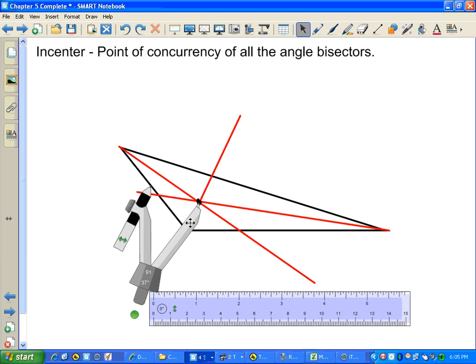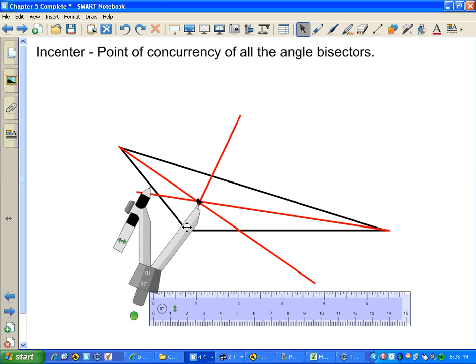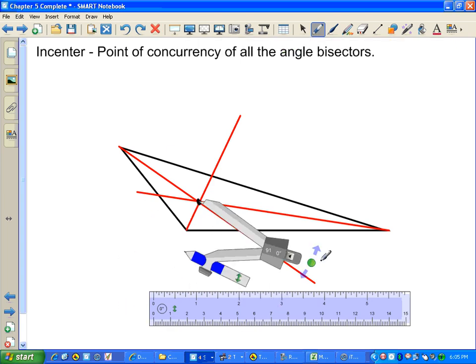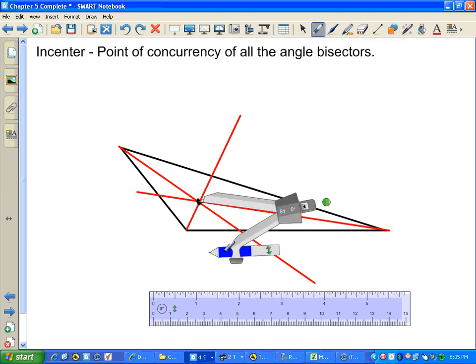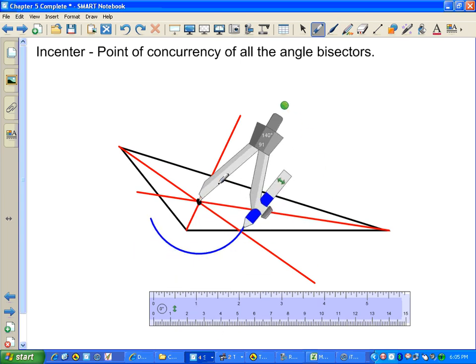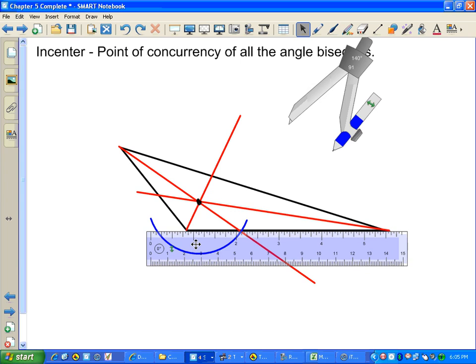Alright, so this point, I want to be perpendicular to this line and go through that point. So that's another construction that we had. So first thing I'm going to do is go from that point, I'm going to make an arc that's going to touch two spots on my line. Now if you notice, it's not really touching this other spot on my line. I need to extend this side so that it comes into contact with my circle over there.